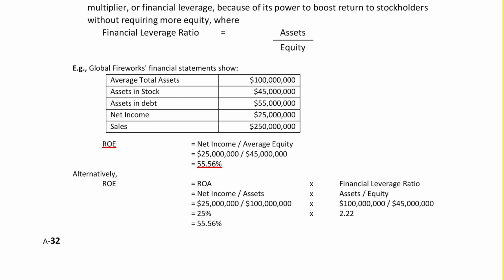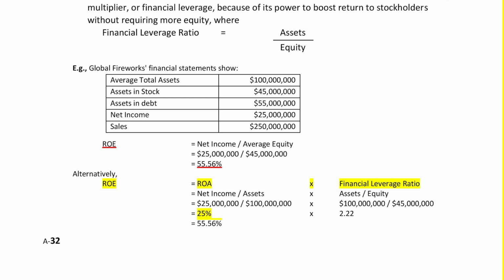Alternatively, ROE equals ROA multiplied by the financial leverage ratio. So ROA is net income divided by assets. That's 25 million divided by 100 million, which gives you 25%.